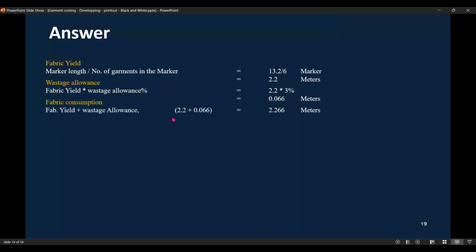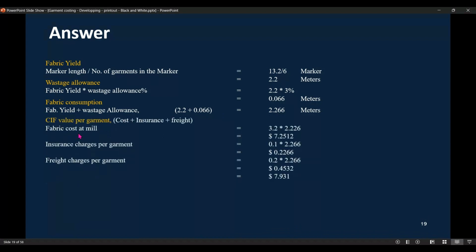Fabric requirement for a garment, you can say fabric consumption or fabric yardage, is fabric yield plus wastage allowance: 2.2 plus 0.066, altogether 2.266 meters.